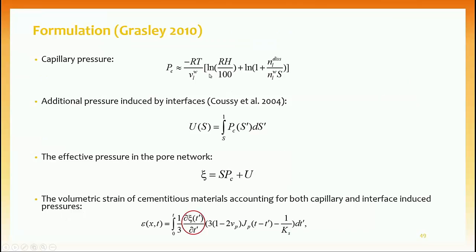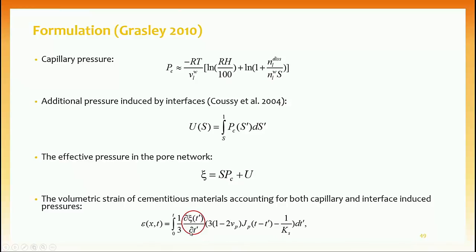So I used this equation, which was a refined version of what I've shown before, using the concentration of the dissolved species, and we used this equation that I've shown before, which was the additional pressure by free energy of the surface, and we used the combined as the effective pore pressure, and we defined this free shrinkage of the sample, which was basically using a lot of mechanical properties, as you can see here.